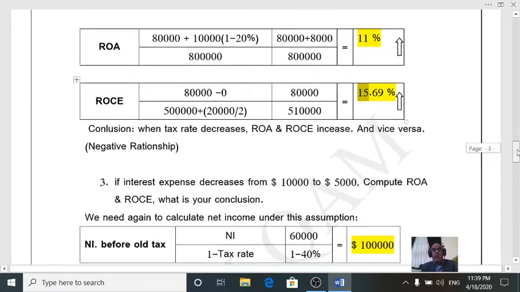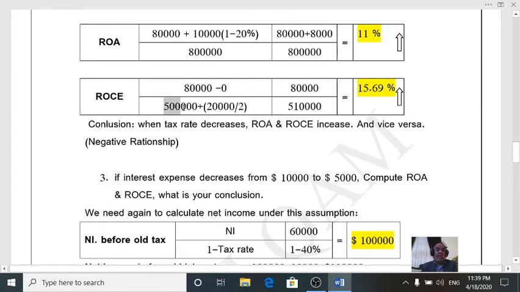Return on common equity will be 15.69%. But before that, you should note that we divide 80,000 over $500,000 as average owners' equity, plus the average increase in net income from 60,000 to 80,000. So we increase it by the average, because we use average here: you should add 20,000 over 2.